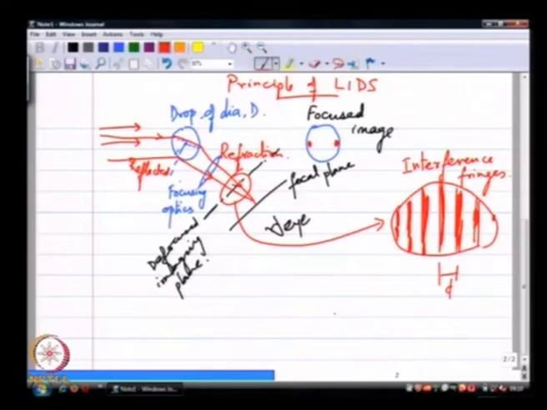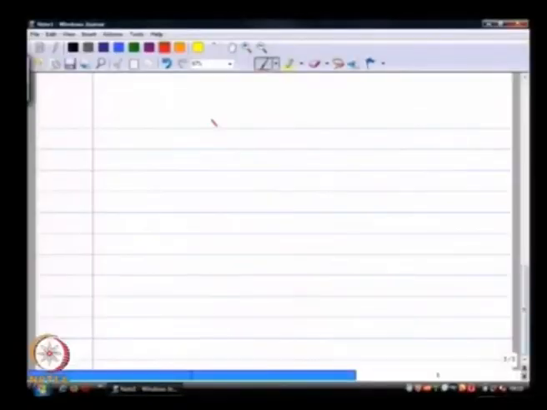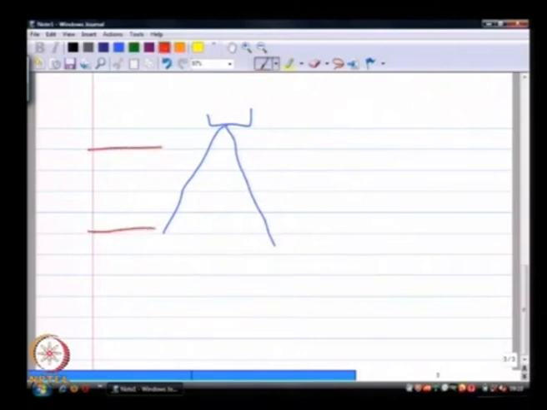Now, how do I take advantage of this in a real system? What we do is, I have a spray nozzle, I have a spray that is formed. Let me draw this in. I take a light sheet and pass it through the spray.